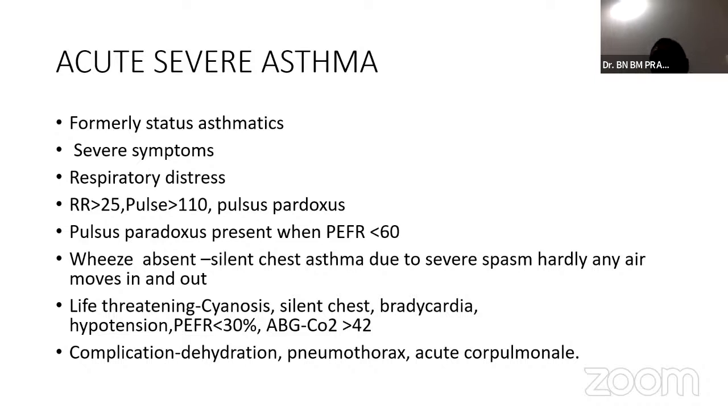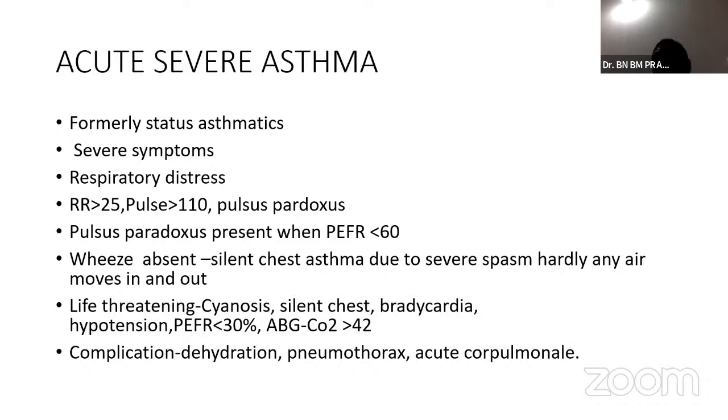In those cases who have died of severe asthma, in postmortem they find that the entire airways, small airways and the large airways, are all plugged with mucus. So there's hardly any flow. So the silent chest is due to severe bronchospasm and also plugging of the airways. Hardly any air moves in and moves out. There is no ventilation at all.